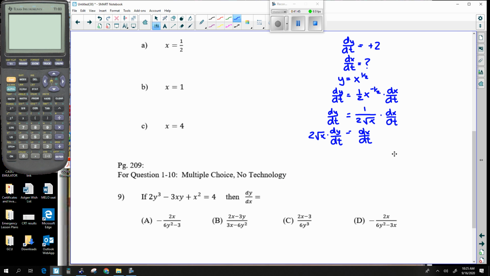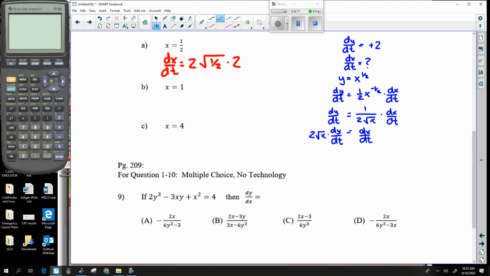All right, so this is the given information, or the information that we can figure out. There isn't any straight up y's, so that's pretty easy. All right, so when x is 1/2, what is the dx/dt? So the dx/dt in that problem is going to be 2 square root of x dy/dt, which is 2.